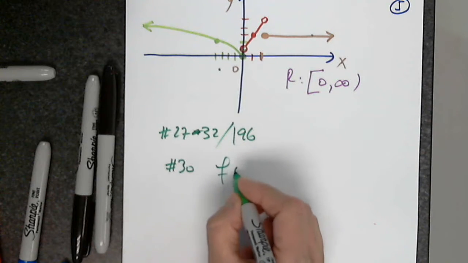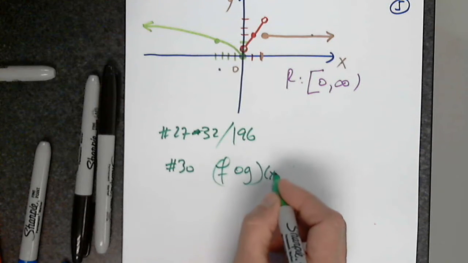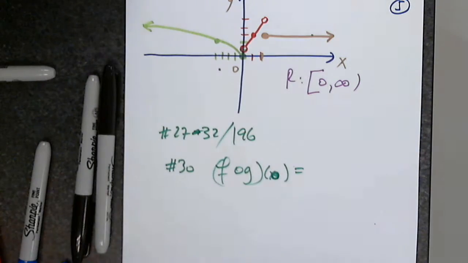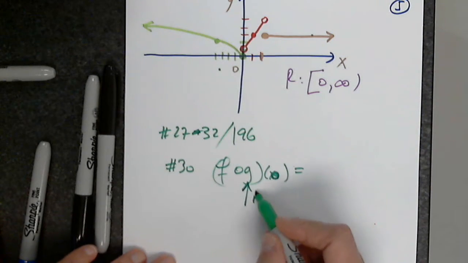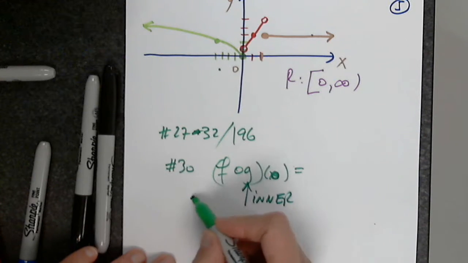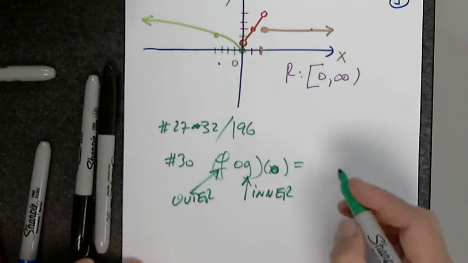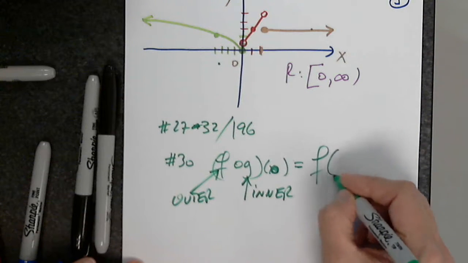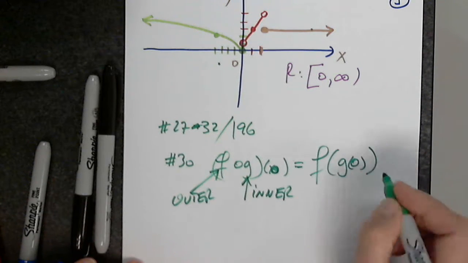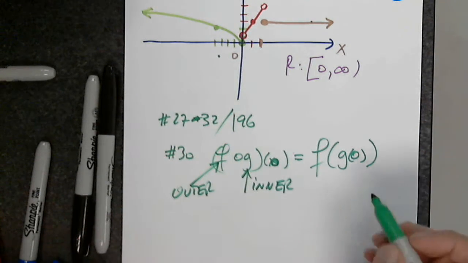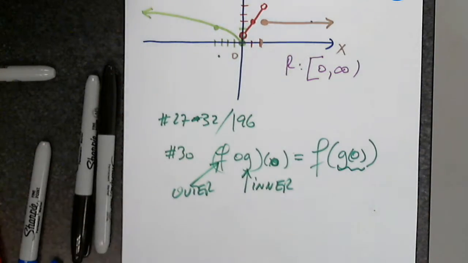We're asked to find f of g of 0. By definition, remember this is the inner function, and this is the outer. This will be nothing else but f of g of 0. So we have to look at g of 0 in the graph.